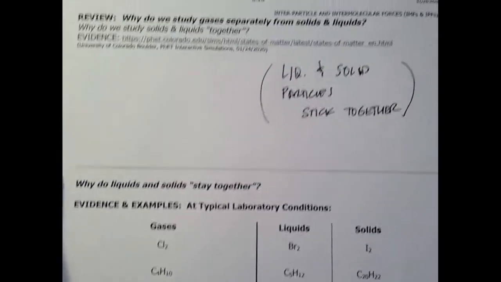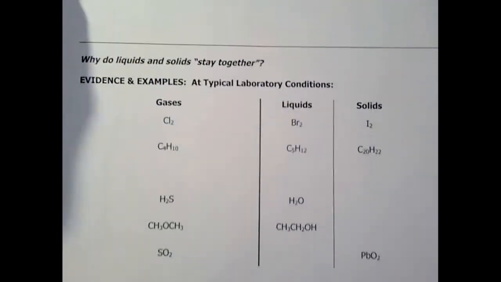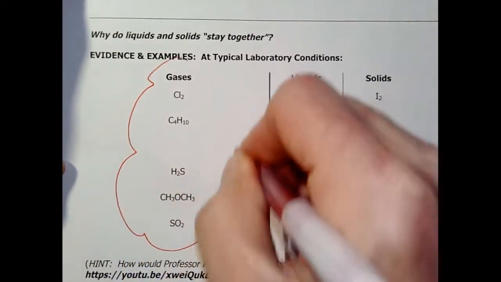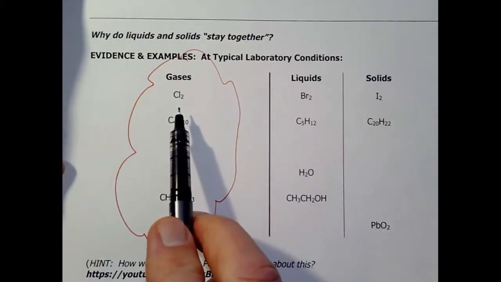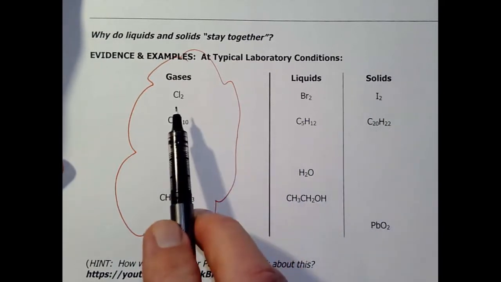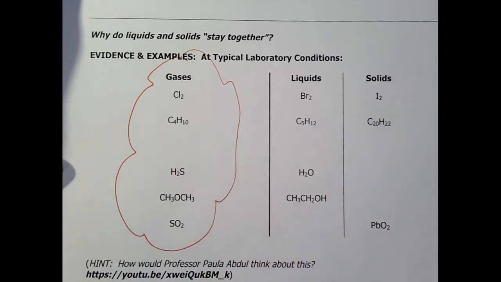So at the bottom of this page, 8.10, I have some examples. And here's kind of funny. There's gases, and here there's Cl2. Br2 is similar, and I2 is similar, yet Cl2 is a gas, Br2 is a liquid, and iodine is a solid.